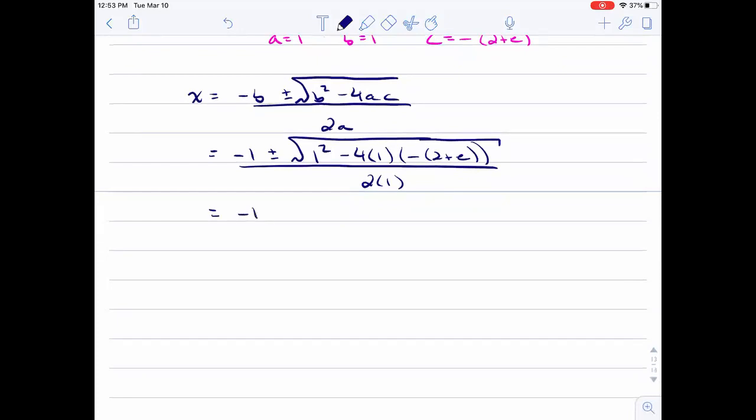Hopefully we get a positive number in that square root, otherwise there's no solutions. And so we get 2 plus e, and then negative of that times 4, 1 plus that.